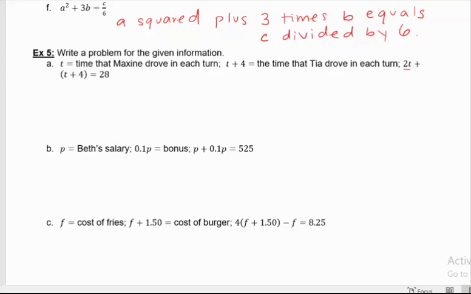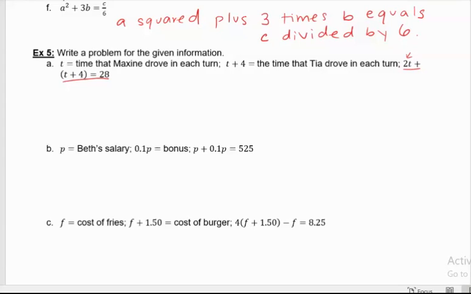I have 2t plus t plus 4 equals 28. So let's kind of think about what these mean. This 2t is twice the time that Maxine drove in each turn, if I'm thinking about the context. I have t plus 4 is the time that Tia drove in each turn, and then I have equals 28.